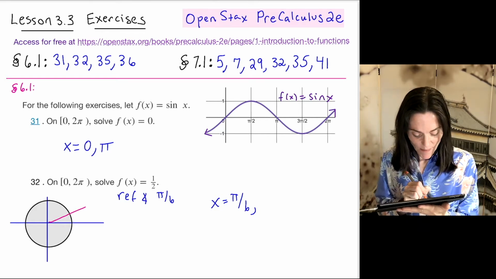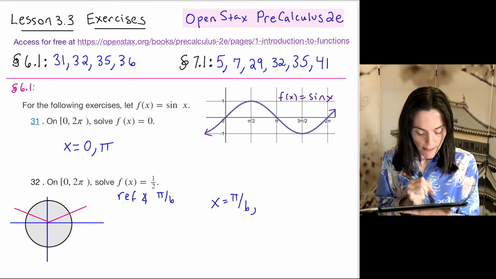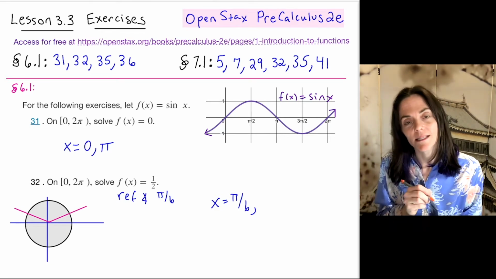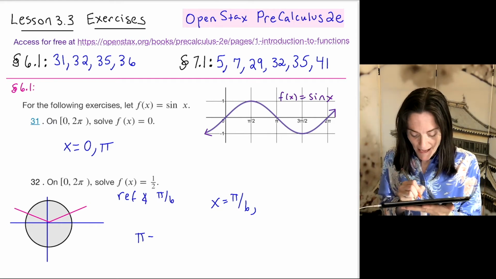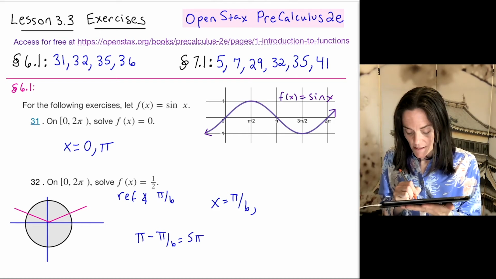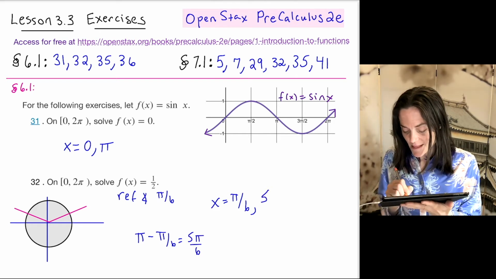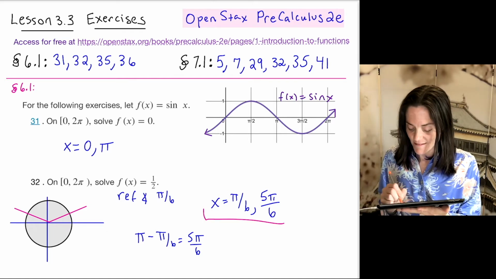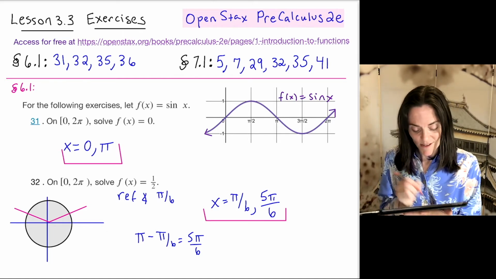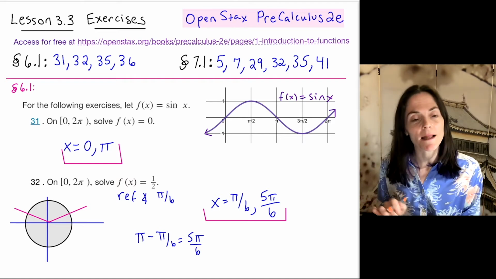One is here, pi over 6, and one is here with a reference angle pi over 6. So the other one would be pi minus pi over 6, which is 5 pi over 6. So this will be my other answer here. We have two of them. This is the answer to 32, and this is the answer to 31.